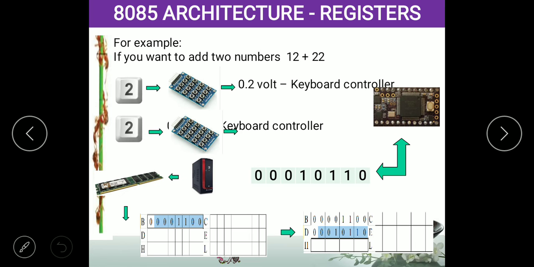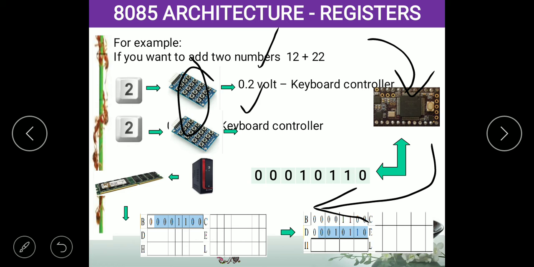Next we are giving the number 22. If you give 22, similarly the capacitive array will generate 0.2 volt, 0.2 volt, which is given to the controller. The controller considers 0.2 volt and knows that it is the number 22. Again it gives a binary value for the decimal number 22: 00010110.